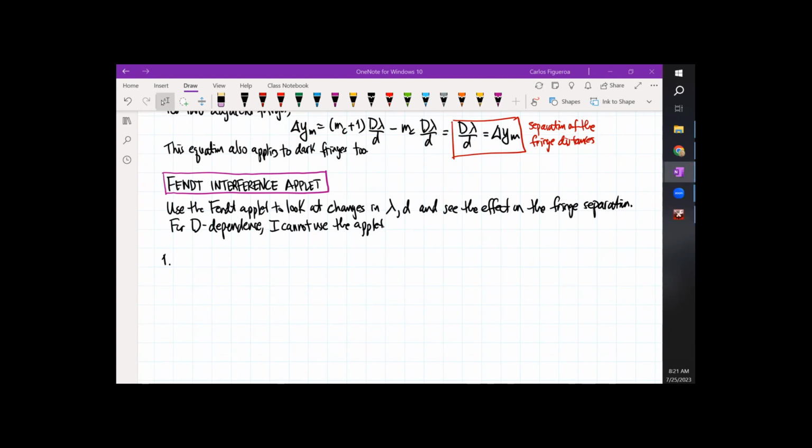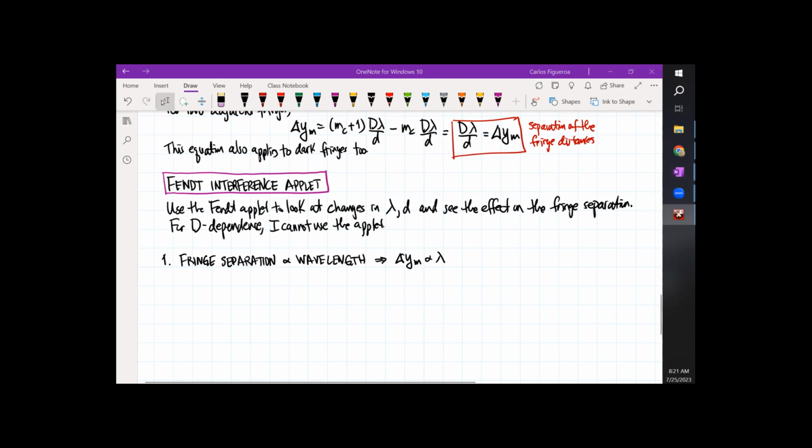Okay, so here we go. I'm going to look at fringe separation. In this case, it has to be directly proportional to the wavelength. In other words, if you look at the fringe separations, they're directly proportional to the wavelength.